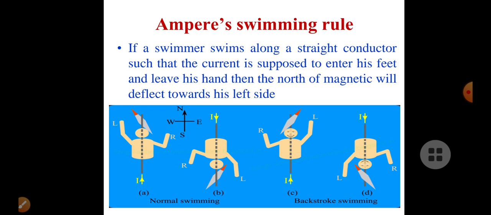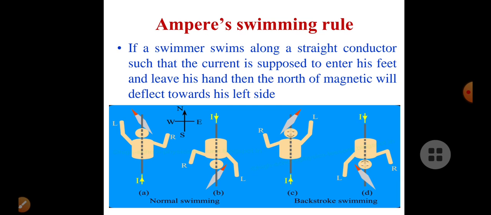Or it can also be explained with the help of Ampere's swimming rule: if a swimmer swims along a straight conductor such that the current is supposed to enter his feet and leave his hand, then the north pole of a magnetic needle will deflect towards his left side.